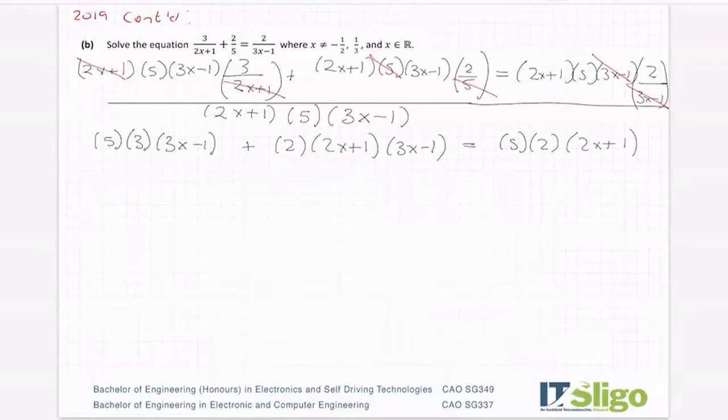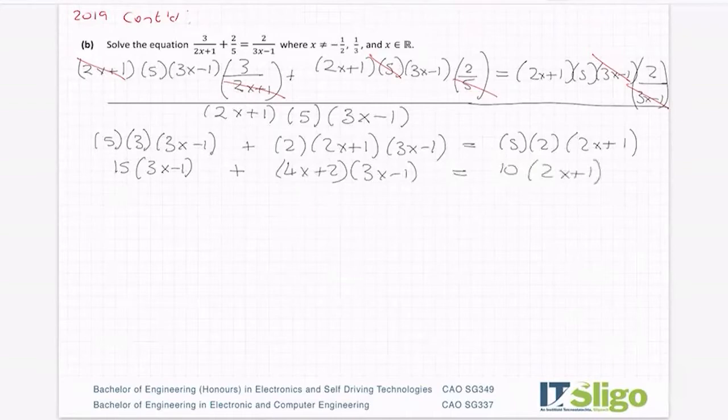So I wrote them like this because I'm going to go 5 3s are 15 times 3x minus 1 plus 2 by 2x is 4x plus 2 times 3x minus 1 equals 5 2s are 10 times 2x plus 1. Okay, it's always easier when you have 3 things to multiply to do 2 first and put down your answer, and then it's the answer to these 2 multiplied by the third one.